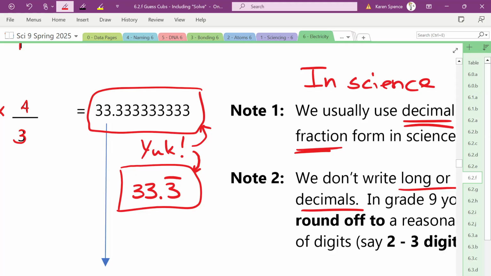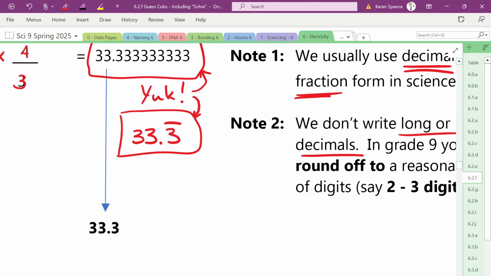And I don't know these numbers. These are made from measurements. Do I know my measurements with certainty out to infinite digits? No, that's crazy, right? If I make a measurement, I'm guessing somewhere, right? So what we're going to do is, if you're fine with just taking it to a reasonable number of digits, 33.3 would be a reasonable number of digits, somewhere between 2 and 4 digits. Okay, you could also say 33.33, and that would be a reasonable number of digits. Okay.